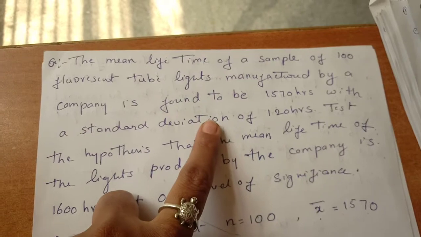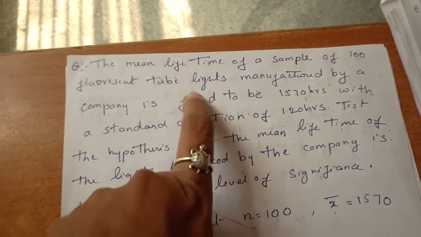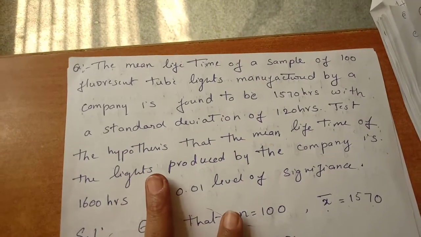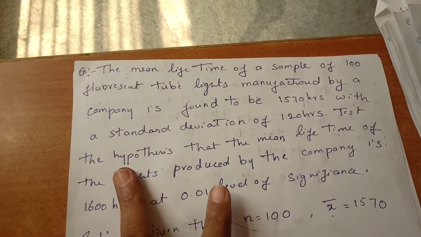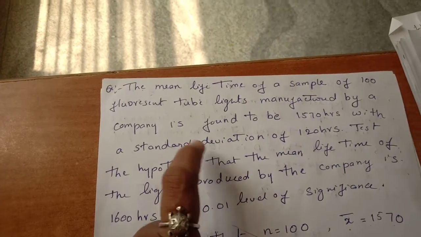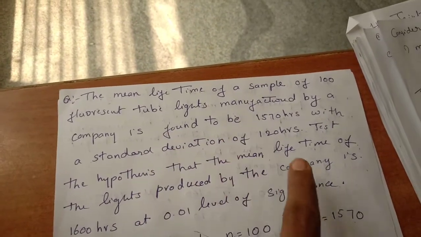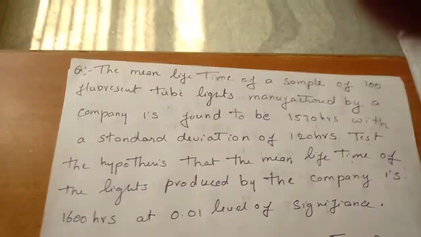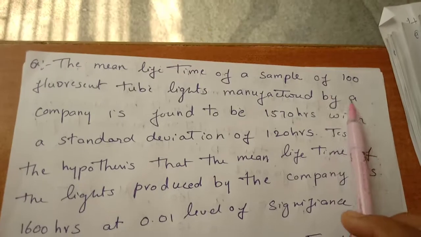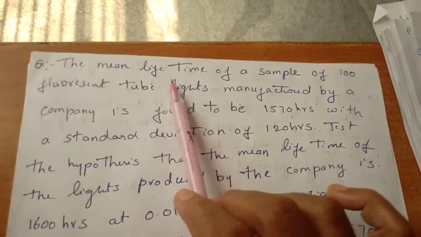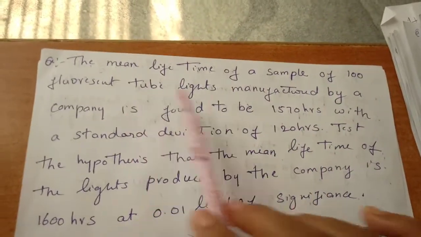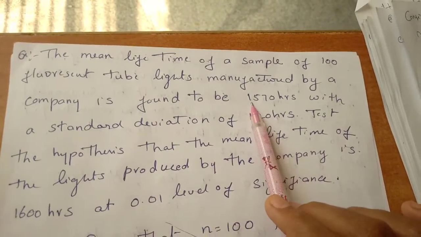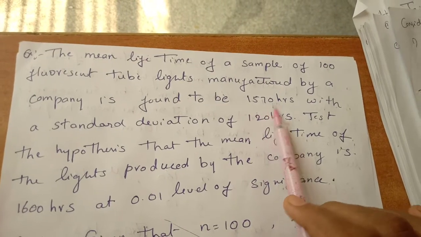They gave the standard deviation and mean. If the mean and standard deviation are directly given in the problem, we apply the second formula. I already explained, two formulas are there. So if the standard deviation and mean are given for the large population here, in that case we apply the second formula. Now, according to the sample of 1000 fluorescent bulbs, what the company is saying is that the mean lifetime is 1570 hours.